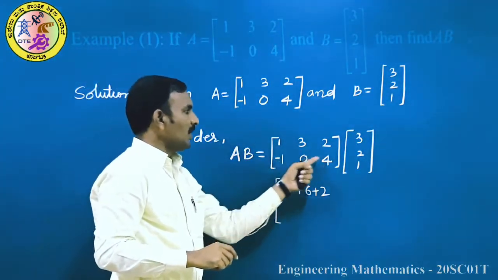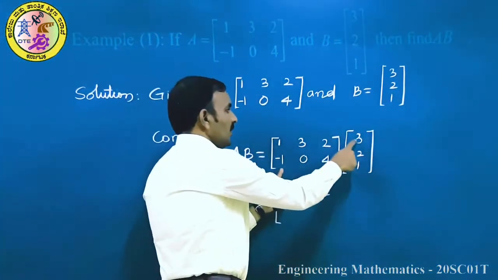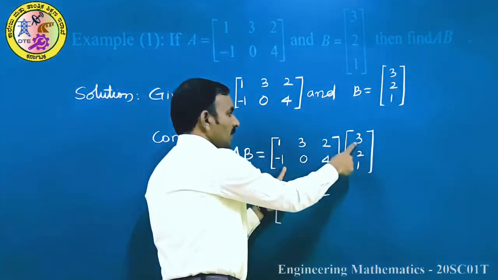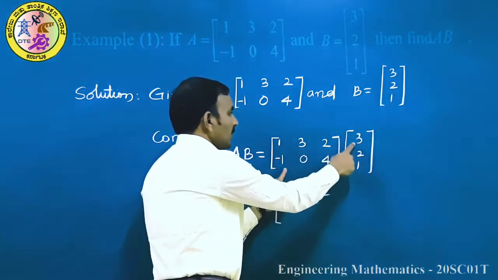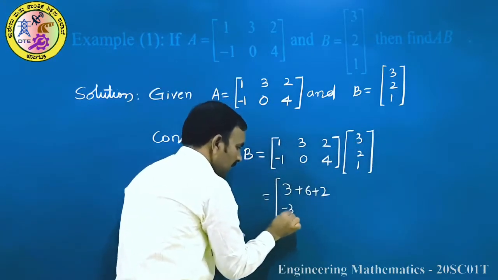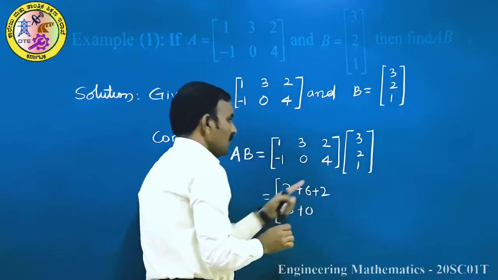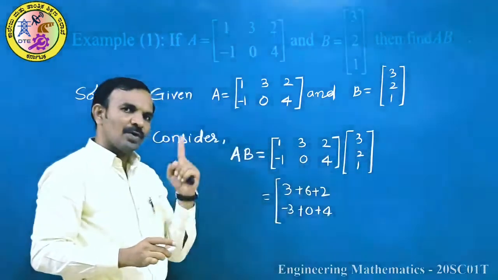Next, second row, first column: minus 1 into 3, 0 into 2, 4 into 1. Minus 1 into 3 is minus 3, 0 into 2 is 0, 4 into 1 is plus 4. If you get plus 4, you have to write plus 4.